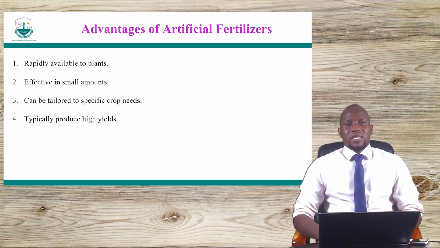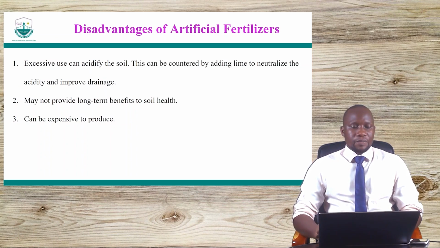Okay, and then you basically know what you're buying because you know the crops that you have and what major nutrients they need, or you know the kind of soil that you have and what major nutrient is deficient in that soil. Okay, but eventually you also get high yields if you use them appropriately.